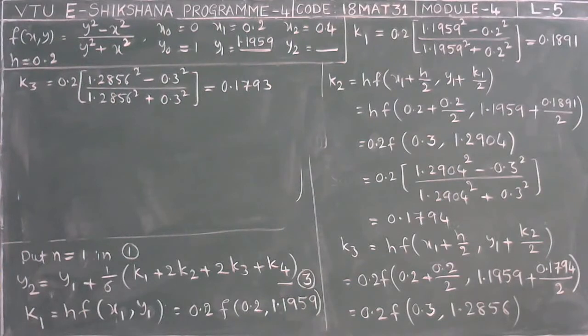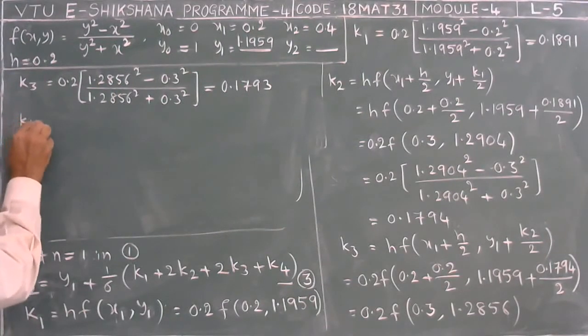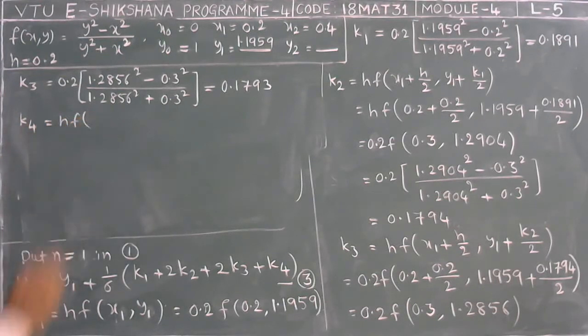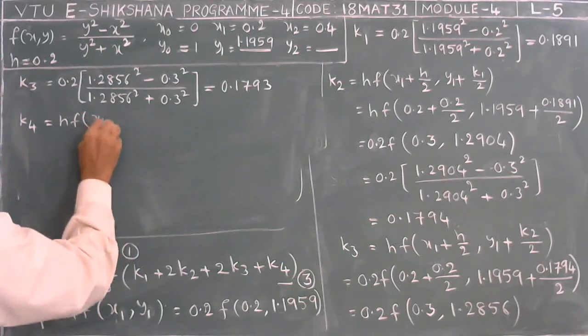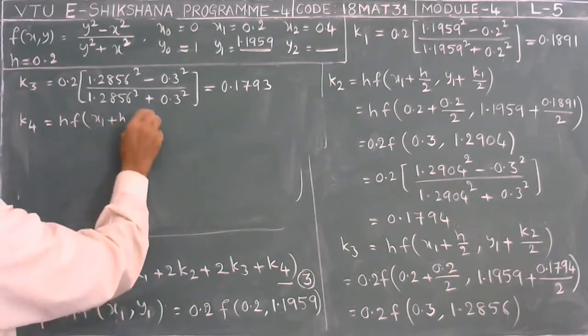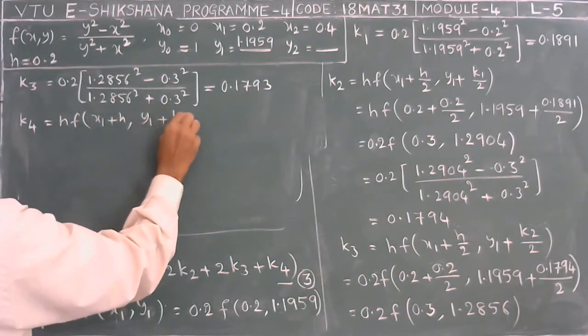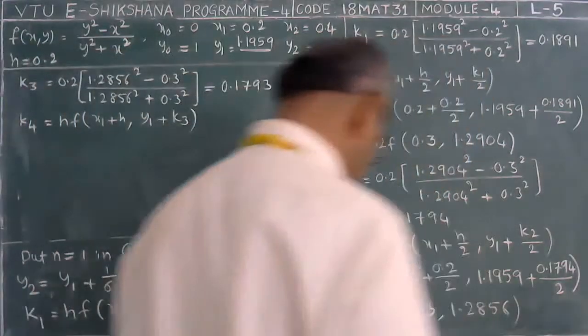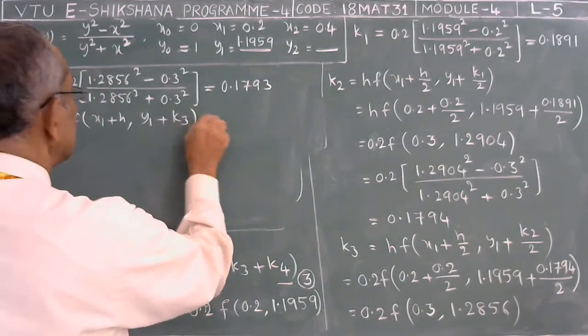The last K value, K4, is left over. So let me calculate K4 now. So this is h into f of, when n is equal to 1, x1 plus h, comma y1 plus k3. That is your K4. Okay, now substitute.